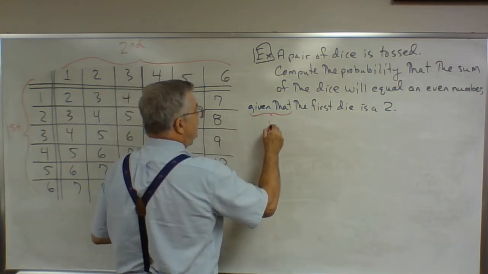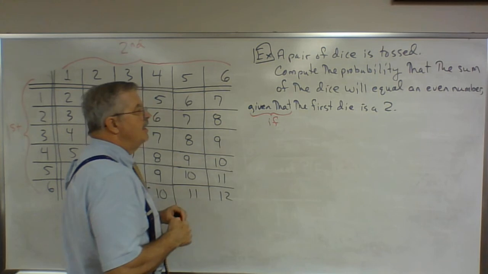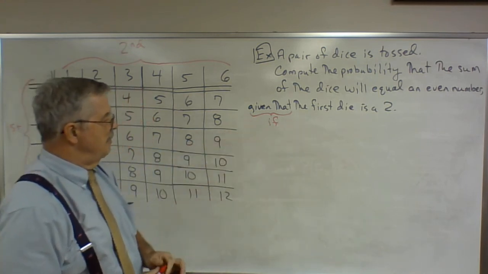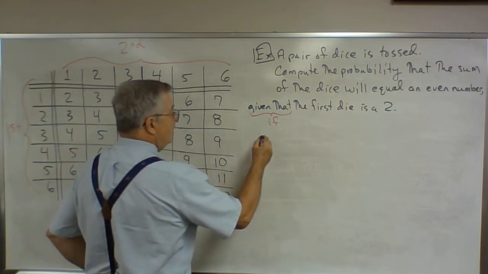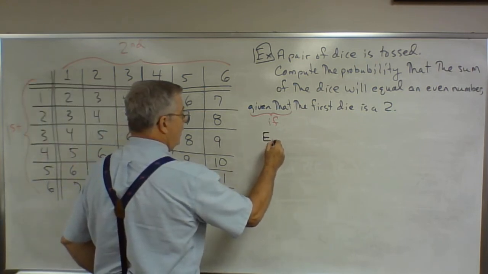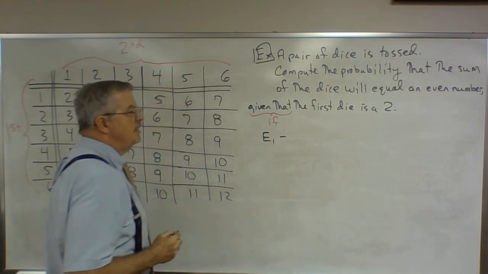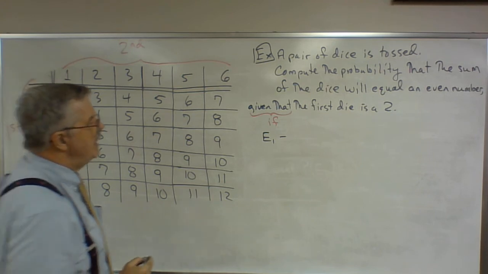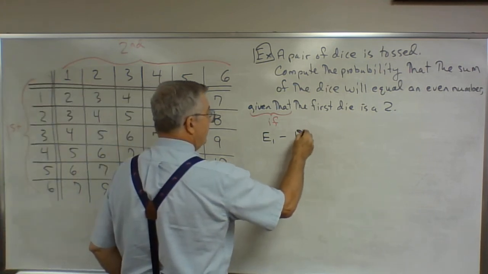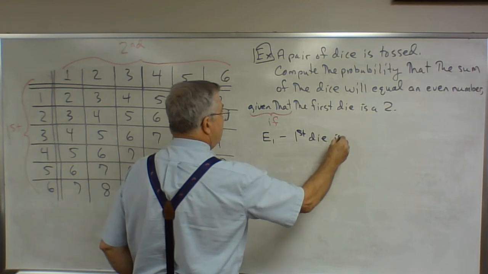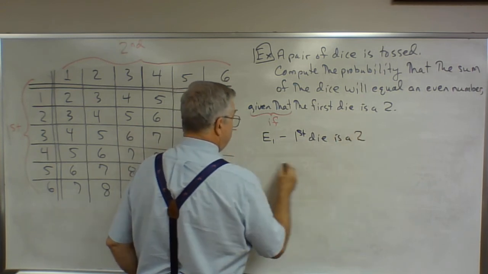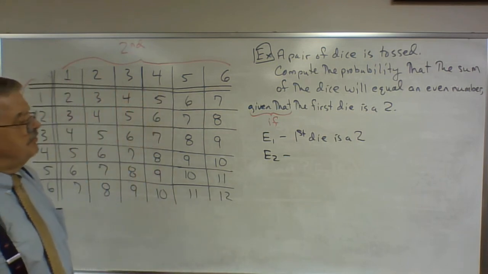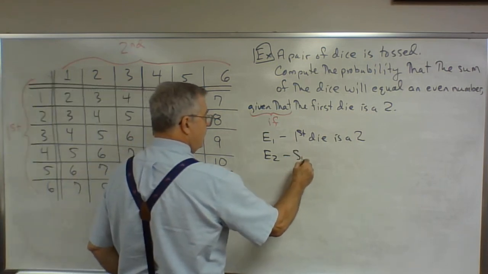So what we had worded here as if is the same thing as given that the first die is a 2. So E1, we'll let that be first die is a 2. E2, the sum of the dice equals an even number.